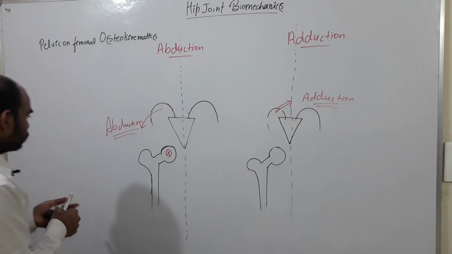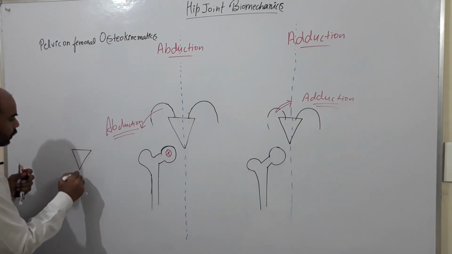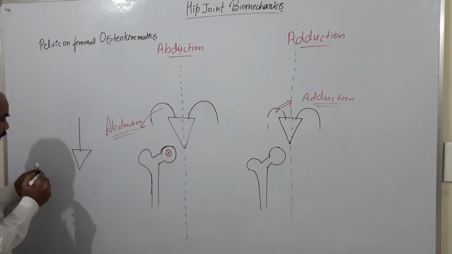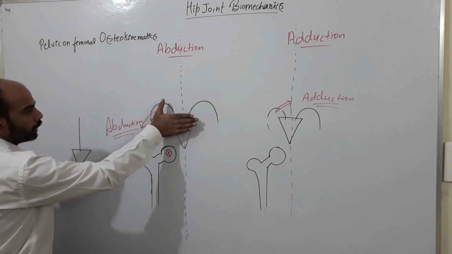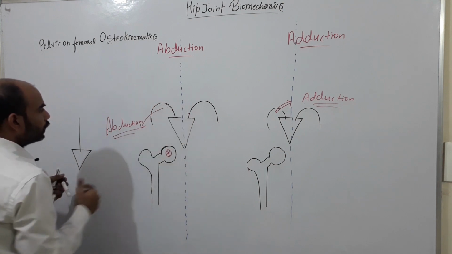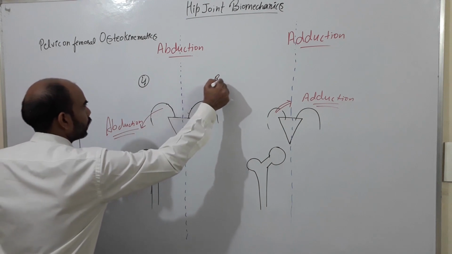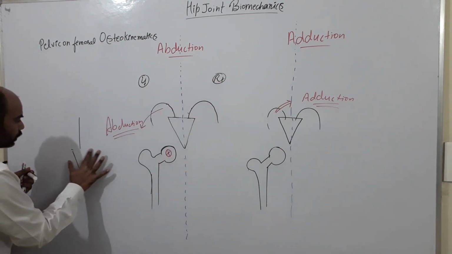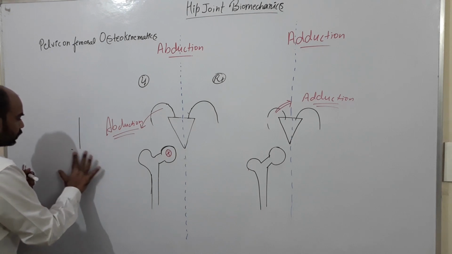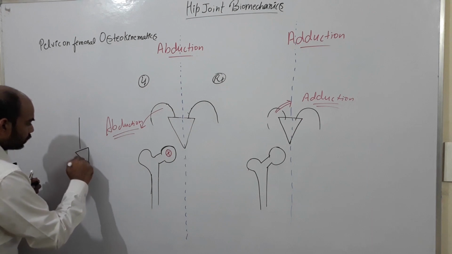During abduction, suppose this is a sacrum in neutral position, lumbar spine in neutral position. If pelvis is away from midline, it means sacrum tilts towards the left side. This is the left side, this represents the right side. Sacrum is tilting like this.